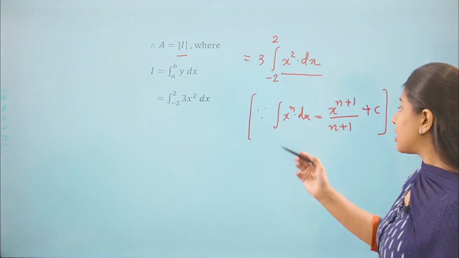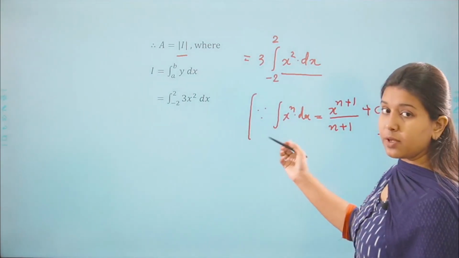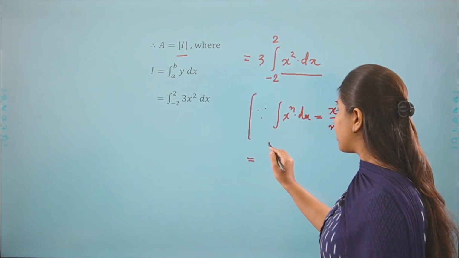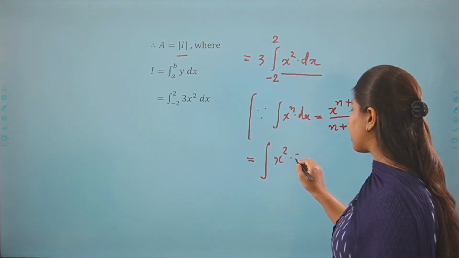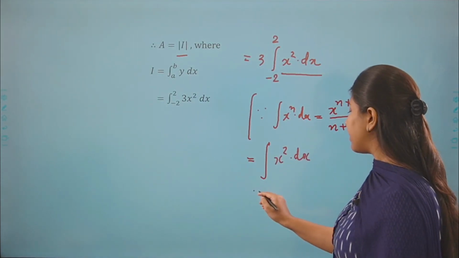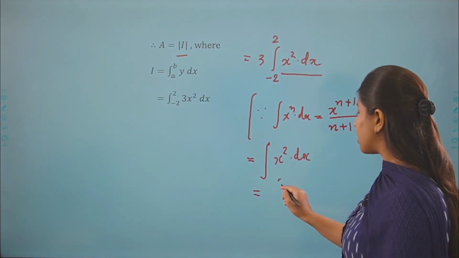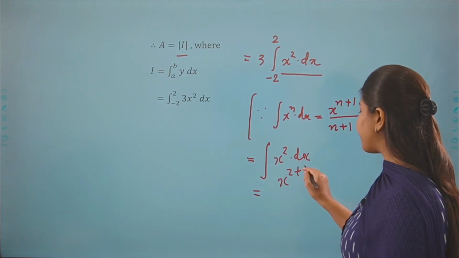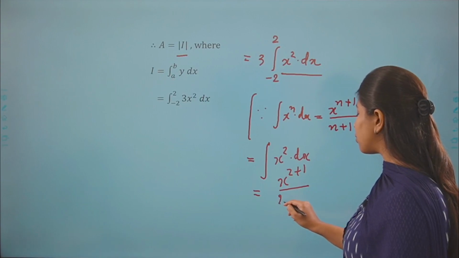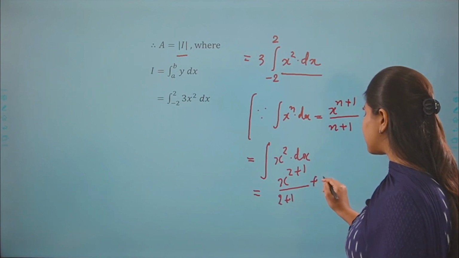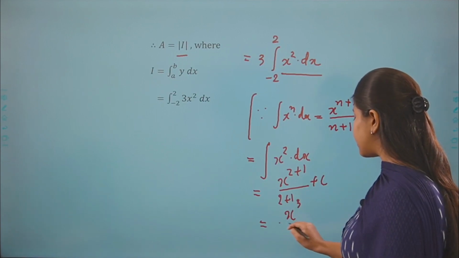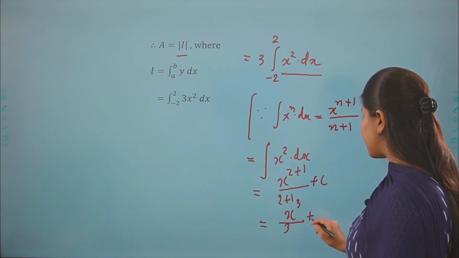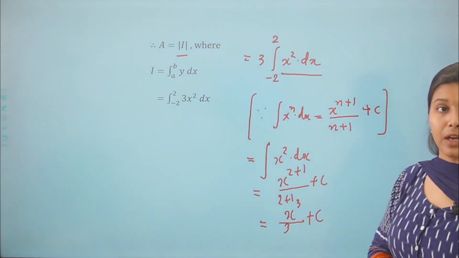Now putting 2 in this whole term, we get integration x square dx is equals to x raised to 2 plus 1 upon 2 plus 1 plus c, is equals to x raised to 3 by 3 plus c, right?